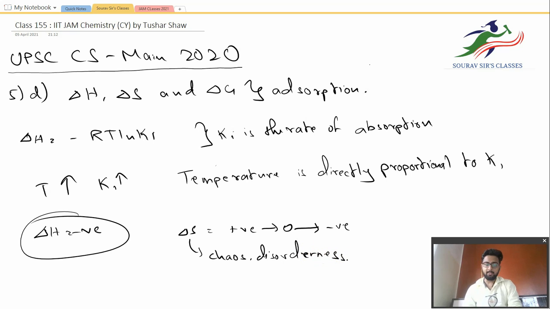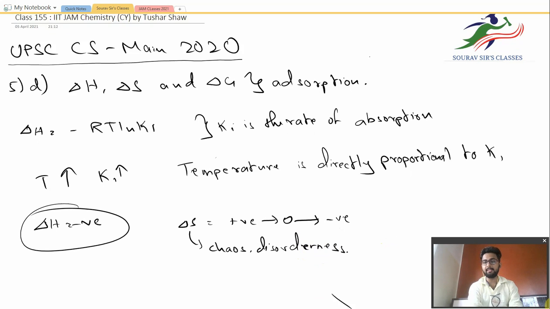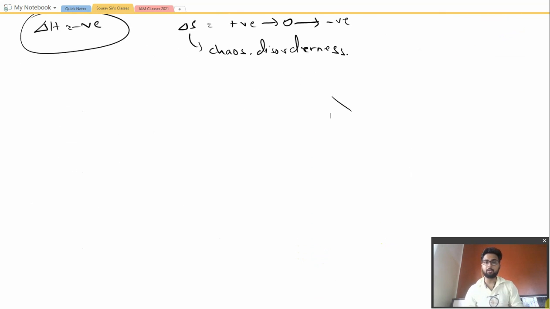Let us say a molecule in 3D space is totally disoriented and disordered. It can move anywhere with all of its degrees of freedom. What happens when the molecule gets adsorbed onto the adsorbent is that the degrees of freedom decrease, because it is sticking to one surface.